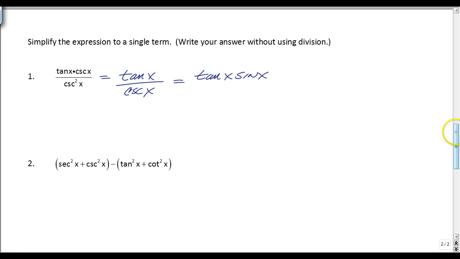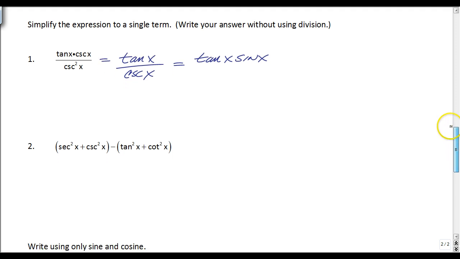Okay? This next example here, this is a subtraction of quantities. So one of the things you have to think about is what can we do to get these terms to be the same? We can't subtract a tangent from a secant. We can't subtract a cotangent from a cosecant or anything funky like that. There'd be no combining like terms taking place here. So what you need to do is you need to go back to that first page and use a little bit of Pythagorean identities.